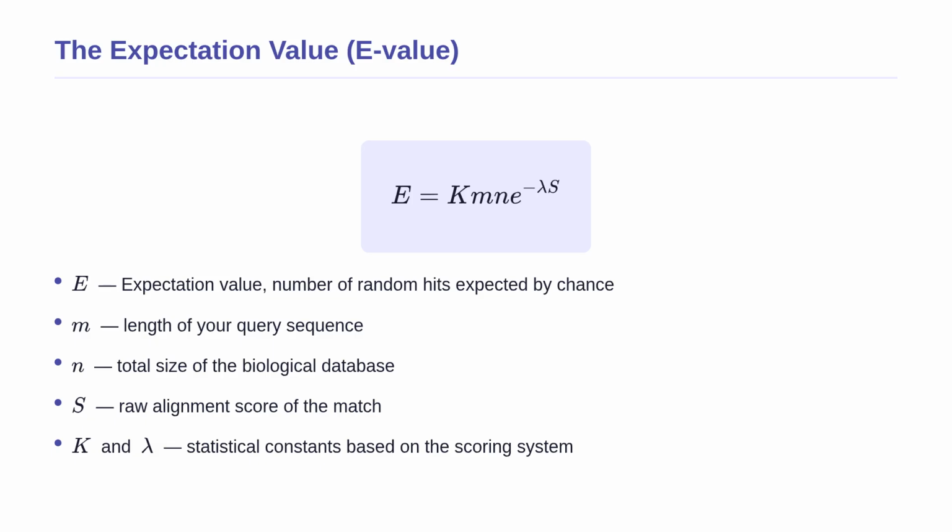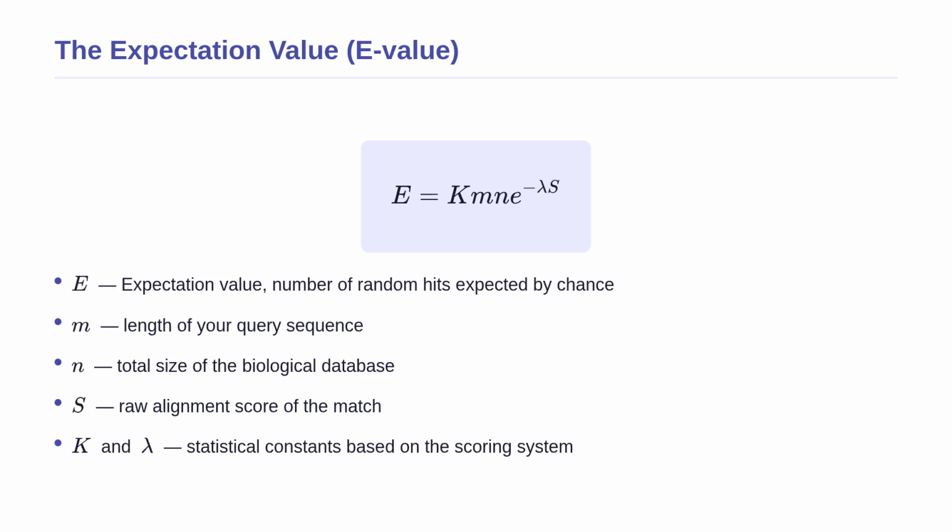The variable m represents the length of your query sequence, while n represents the total size of the biological database. The variable S is the raw alignment score, which measures how well your sequence matches the database sequence. Finally, K and lambda are statistical constants that depend on the specific scoring system used by the search algorithm.